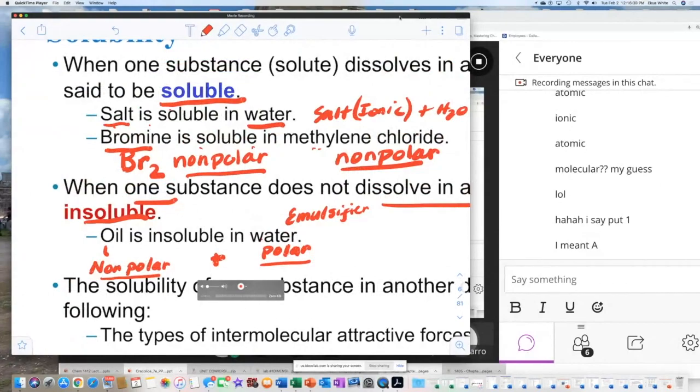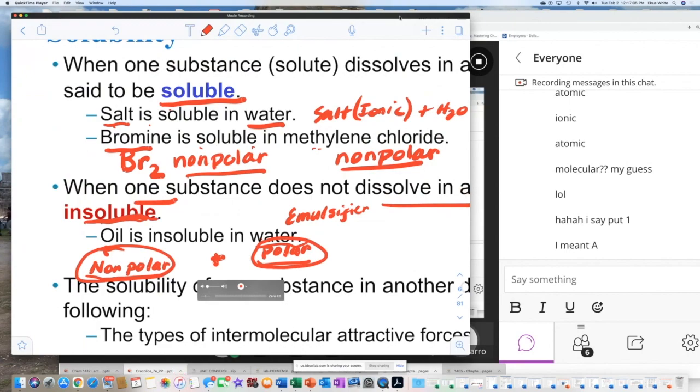So the great thing about science is even though we know the natural behavior of chemicals, we're always trying to find ways to counteract that, right? Naturally, nonpolar and polar solutions should not mix or should not even be formed. But if you can find an emulsifier, the emulsifier will try to force these two to form a pseudo solution, right? So naturally they wouldn't mix.